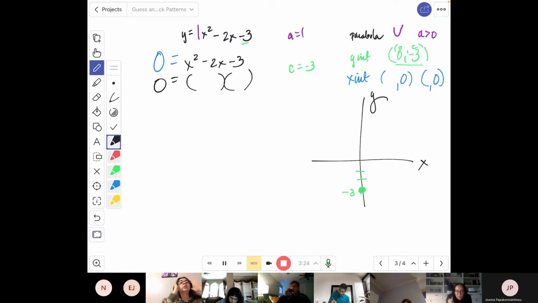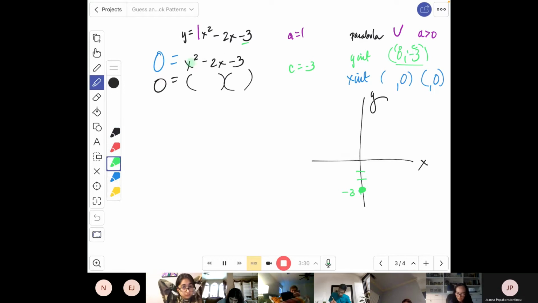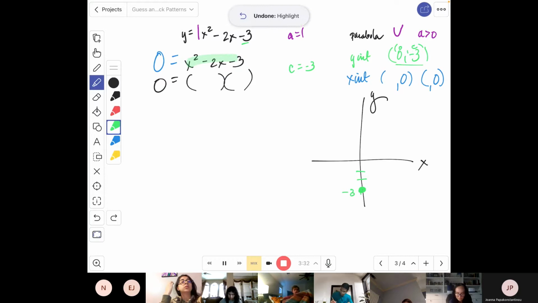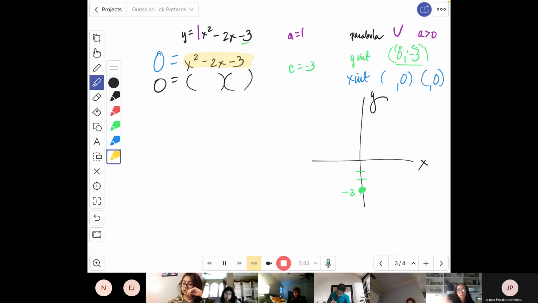Do we know how to factor that quadratic trinomial? Do y'all know how to factor this? I want everybody to factor that. And then you can check it, because if you multiply those two binomials together, you should get that quadratic expression on the right-hand side.